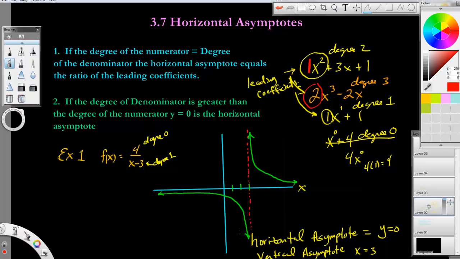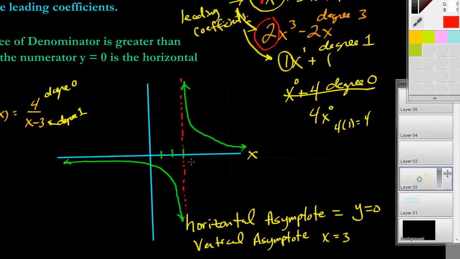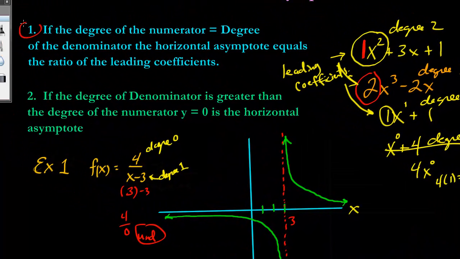It's not actually part of the graph, but this red dotted line is the vertical asymptote, and it's equal to 3 because if you plug in a 3 for that x, that makes that bottom equal to 0. So I have 4 over 0, which is undefined. And if something is undefined, it has a vertical asymptote right here. These two rules are what make the horizontal asymptote.